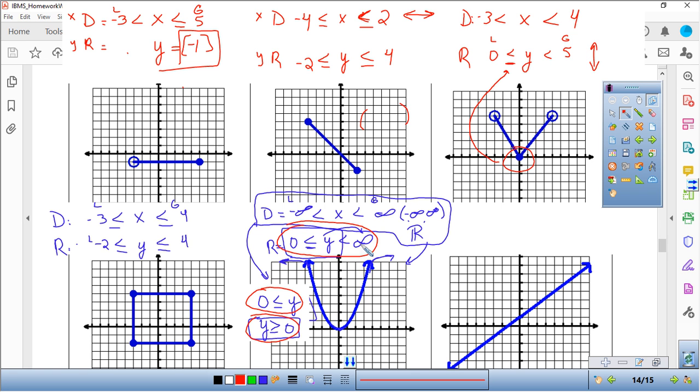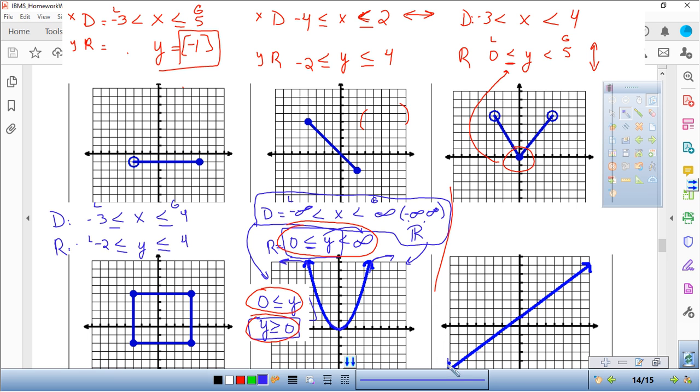Infinity is the biggest number ever, and the values for the y coordinates could be any of those. This one says y is greater than or equal to 0, any number greater than or equal to 0, again, all the way to infinity. It doesn't give you a limit, so it goes on forever. This one says the same thing. y is greater than or equal to 0, same thing.